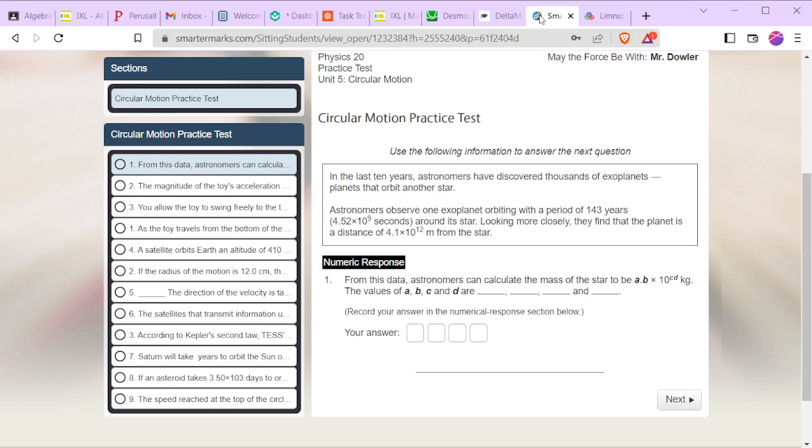And I'm going to divide that by 6.67 times 10 to the negative 11, and our period squared, 4.52 times 10 to the 9. And with that, I'm getting 2.0 times 10 to the 30.